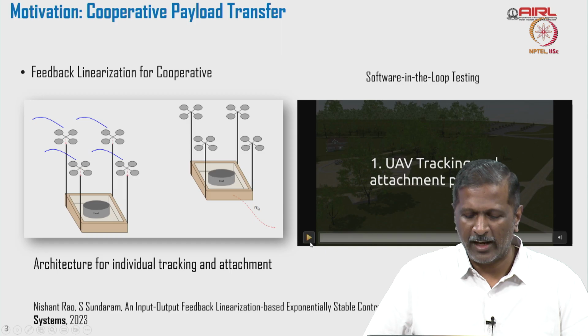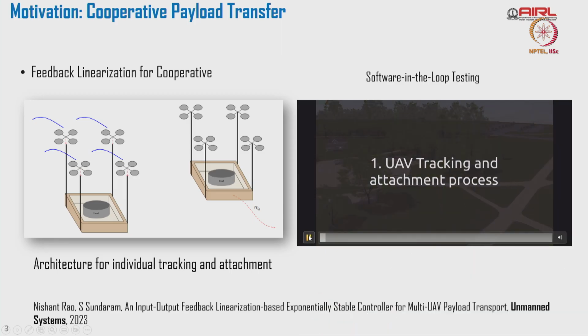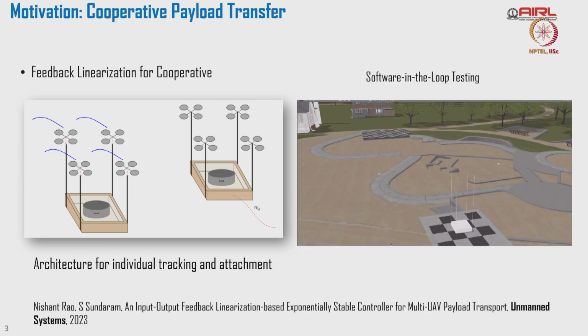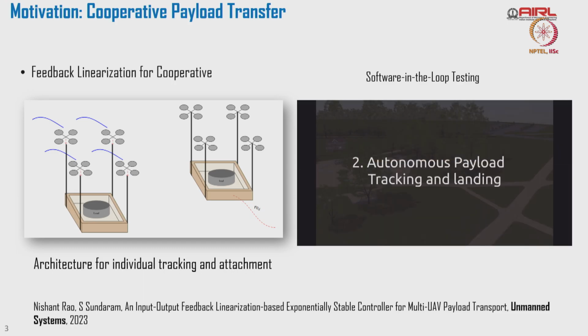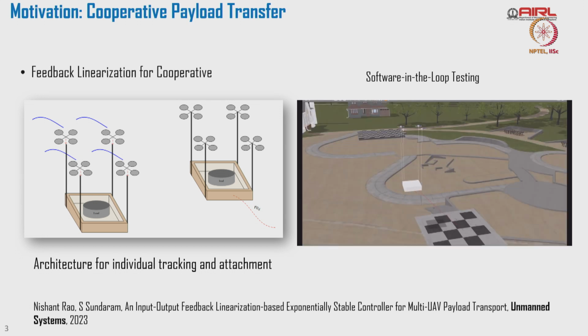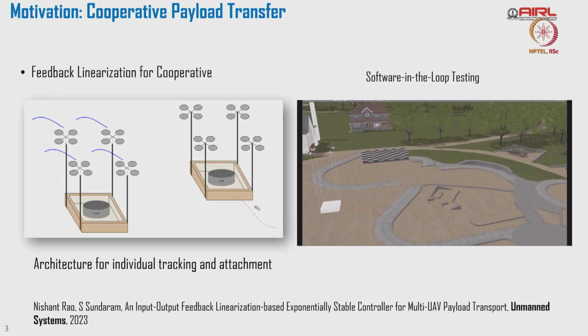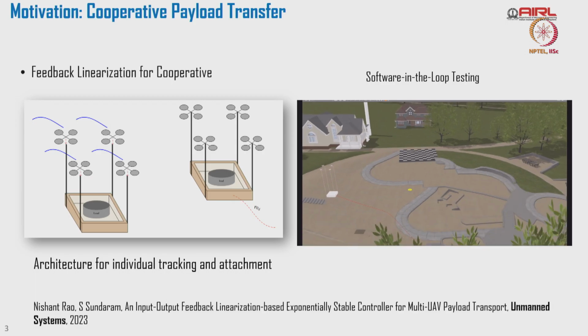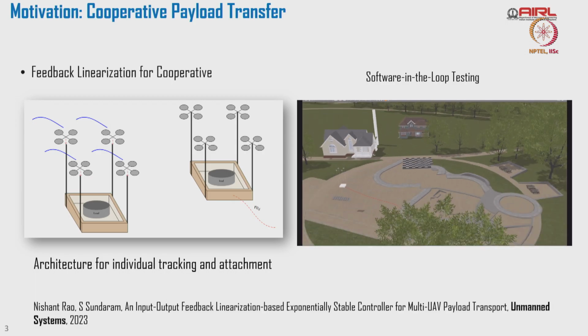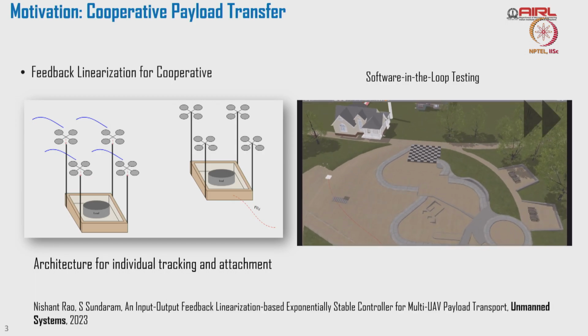But then think about it, what will happen if you have an obstacle on the way, right. They have all come together, attached, and carry the payload from point A to point B, and the carrying is also a very challenging problem, because if they get into a trajectory where they need to accelerate, right, that will also affect the load on others.